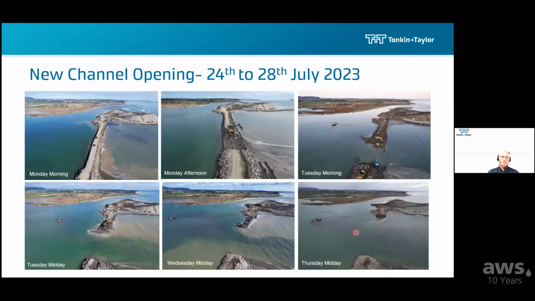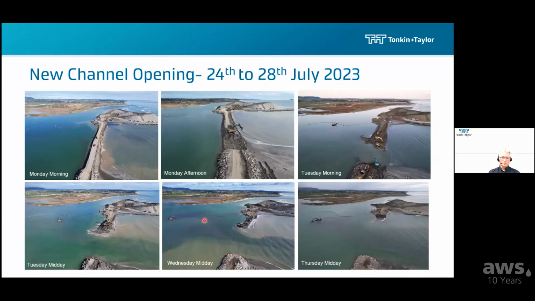Over the course of a week, we'd opened up the new channel, hadn't quite closed the existing, and there was a good reason for that, and that was flood protection. Every single time we made a change to this configuration, we were rerunning this morphological model for those 1% AEP flood events, to be absolutely certain that if we were unlucky enough to have an event occur, we weren't going to worsen the flood risk.